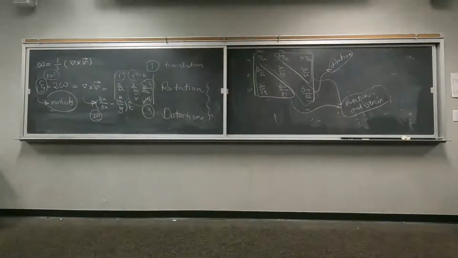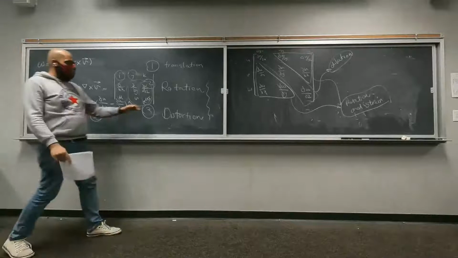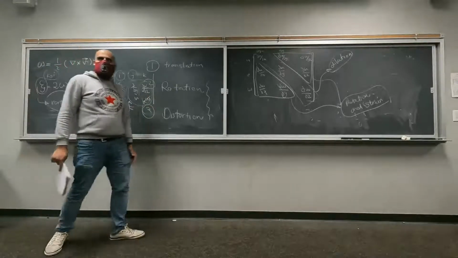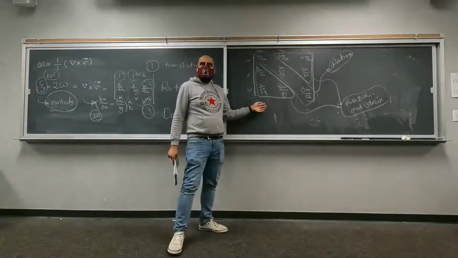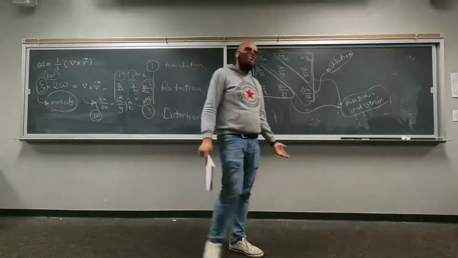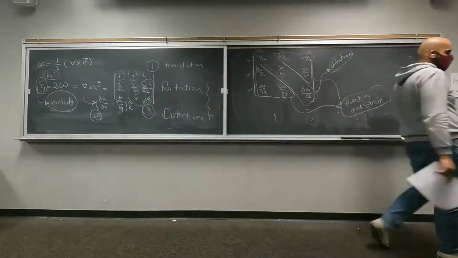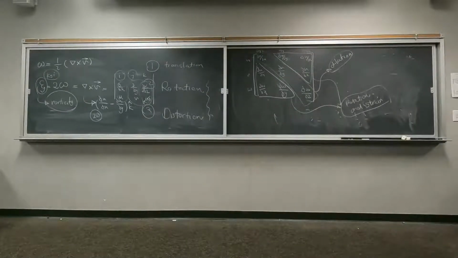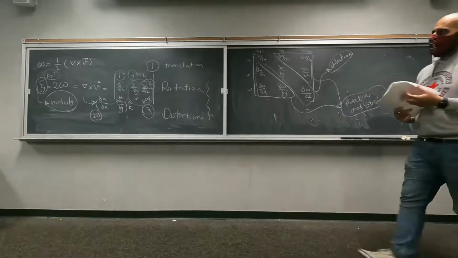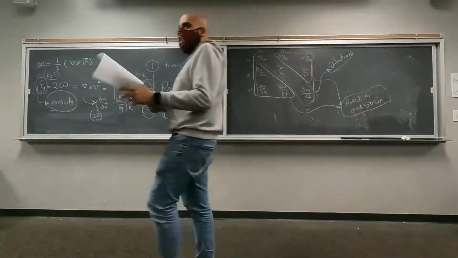Okay, so for a flow to have some sort of rotation or distortion, at least one element on this matrix has to be non-zero, right? That's the idea. Any questions here?